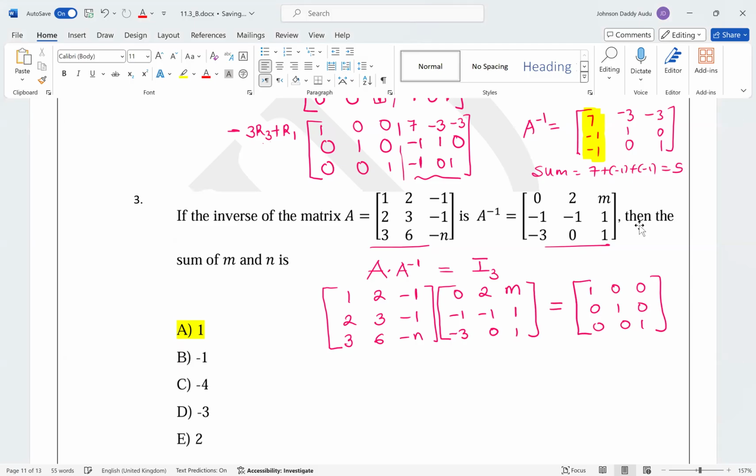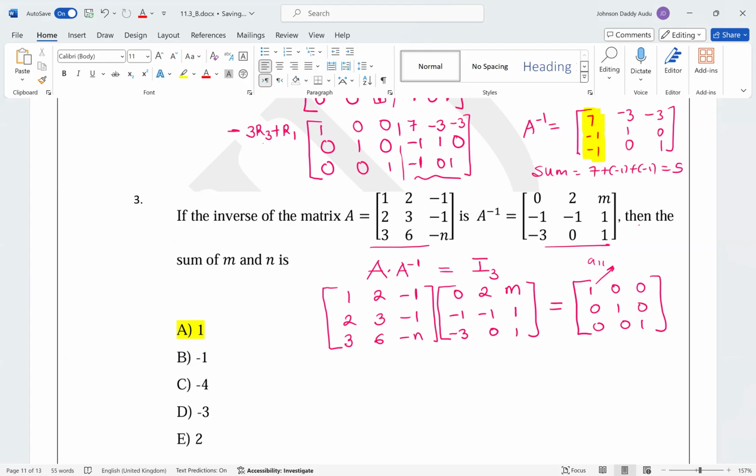So for example, now this is 1. You can use 1 if you want. This is 1. So what does this 1 represent? This 1 is like A11. So this will come from where? It will come from the product of the first row and the first column.